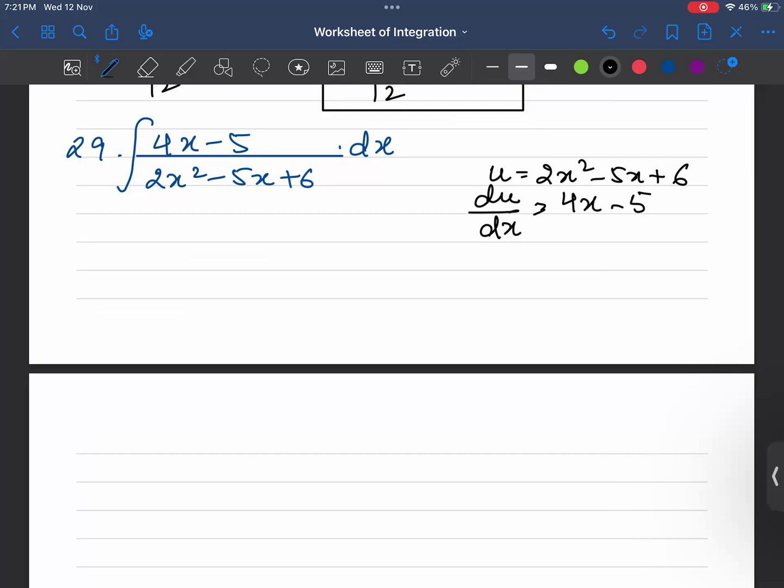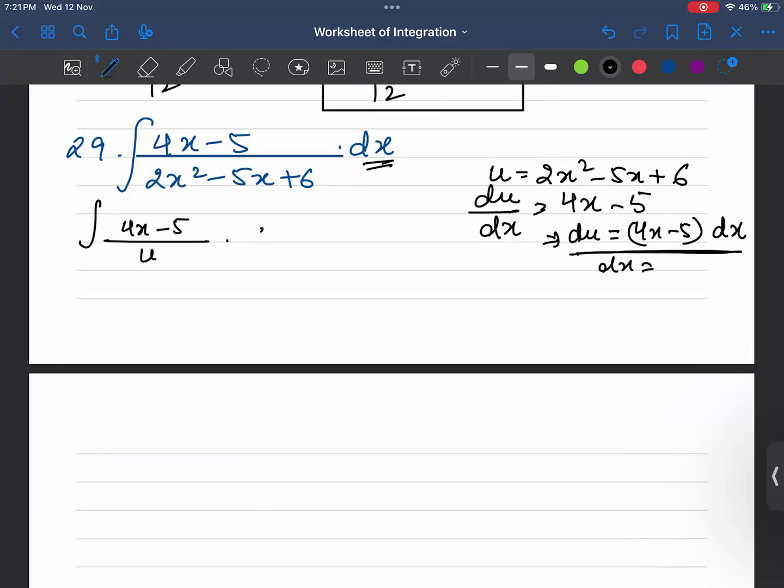I can write du equals 4x minus 5 dx. I can substitute it. For 4x minus 5, over here I will write u, and in place of dx I will write du upon 4x minus 5.